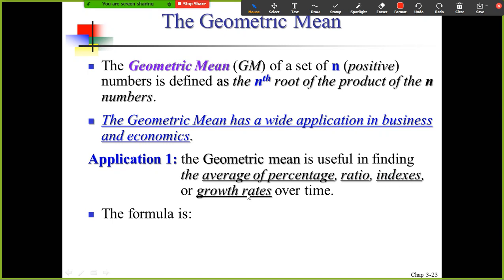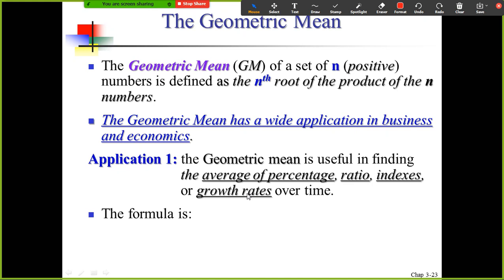Not amounts or quantities, for which we use the arithmetic mean. For the geometric mean, we refer to percentage, growth rate, ratio, or index. If you want to find average growth rate, average percentage, average ratio, or average indexes, you need to use the geometric mean, not the arithmetic mean.